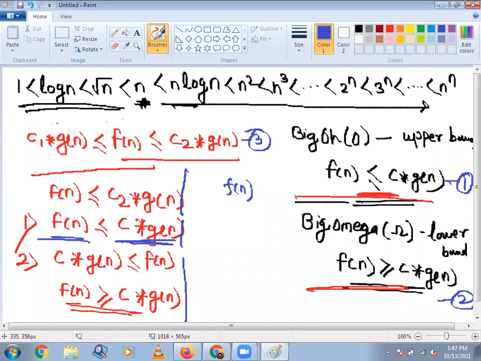That is, from equation 1 we can write f of n is big OH of g of n.